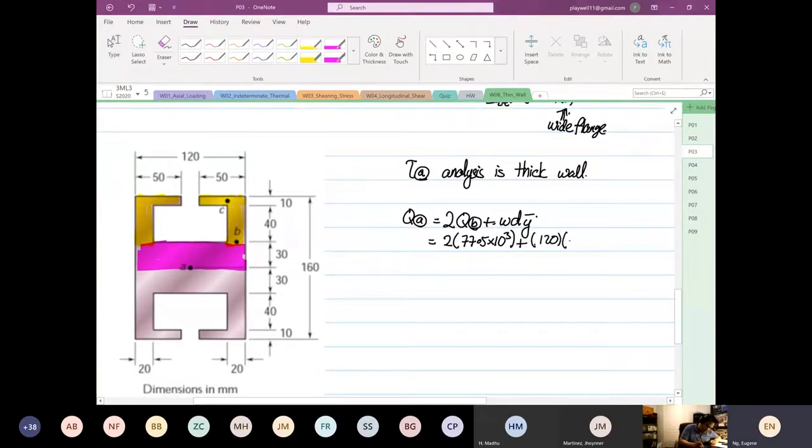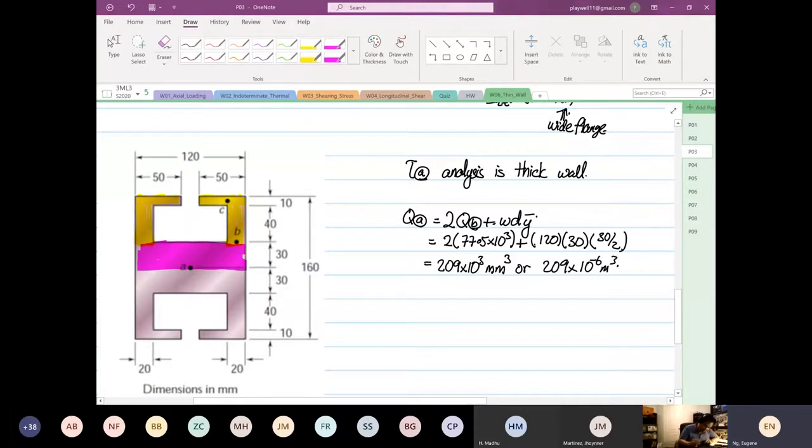The depth is only 30, and the y bar is 30 divided by 2. So this will be equal to 77.5 power 3 times 2 plus by 120 times by 30 times by 15 is equal to 209 times 10 to the power 3 millimeter cube, or 209 times 10 to the power minus 6 meter cube.